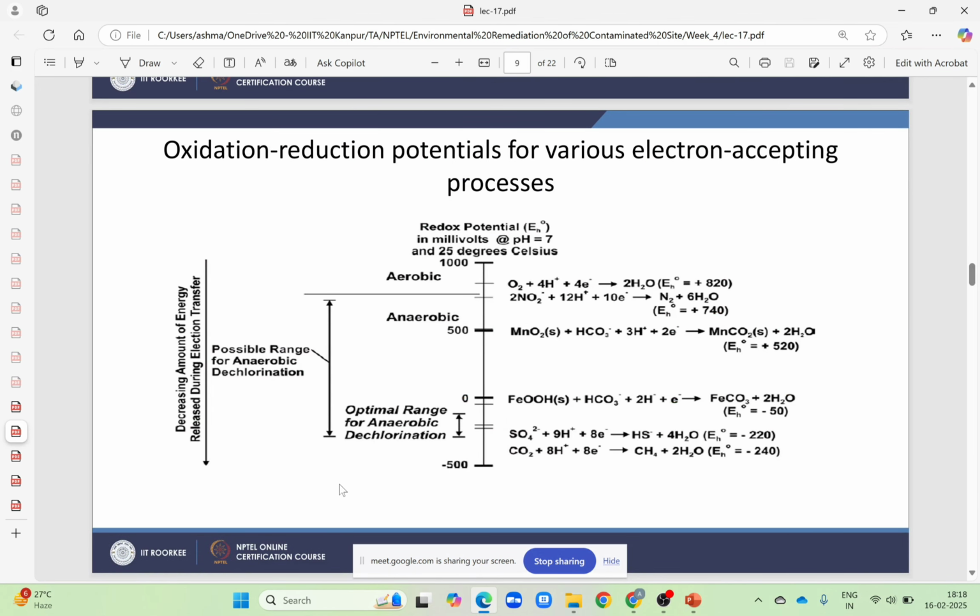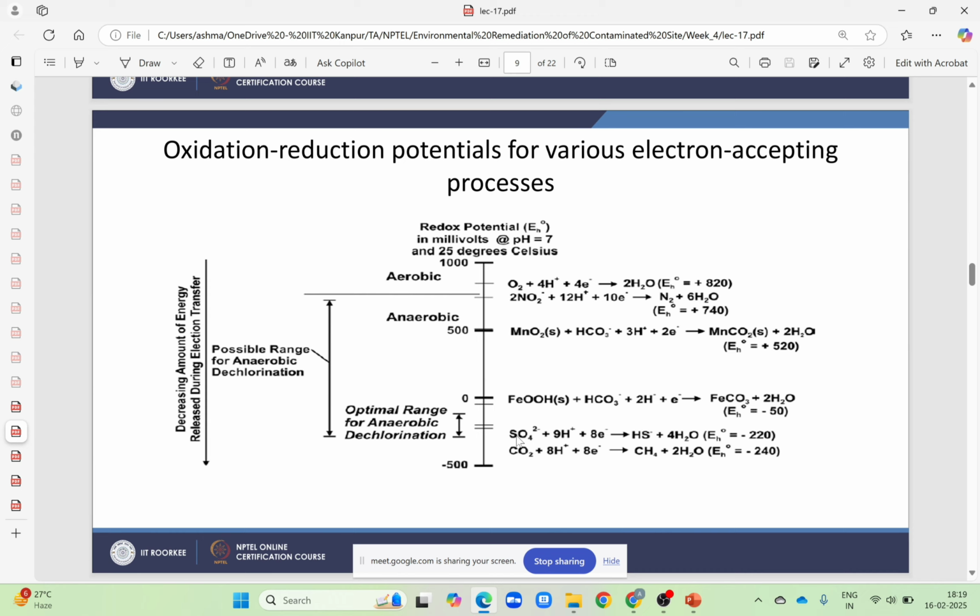So this is the table which shows us the redox potential, that is the E-naught value. Suppose in this table oxygen is at the top and it has the highest E-naught value. So there will be free electrons available, and if we have oxygen and nitrate, then oxygen will take the electron and this process will go down. Suppose we have sulfate and CO2, then sulfate has the higher E-naught value, that is minus 220 as compared to minus 240.